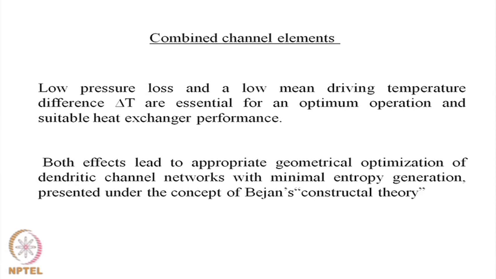Both these effects lead to geometrical optimization of dendritic channel networks, which follows Murray's law, and which is under the broad concept of Bejan's constructal theory, and this ensures minimum entropy generation. And once you have minimum entropy generation, that is the optimum channel network that you can think of.